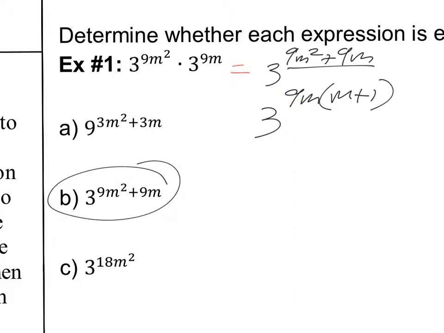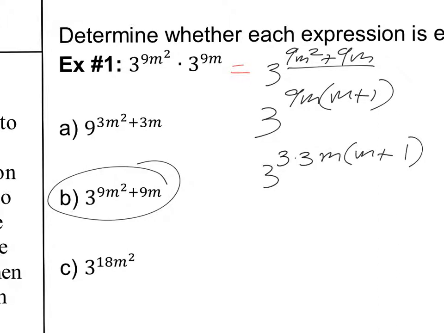So there's quite a few things that we could do here. It's pretty crazy. I could think about breaking down this 9 as 3 times 3, and so one of the ways that I can write this is 3 to the 3rd times 3 to the m plus 1.